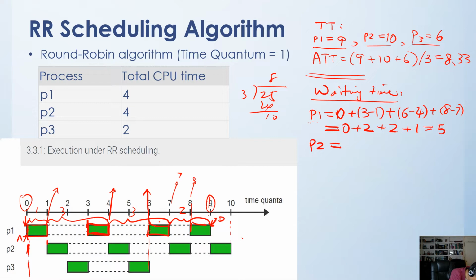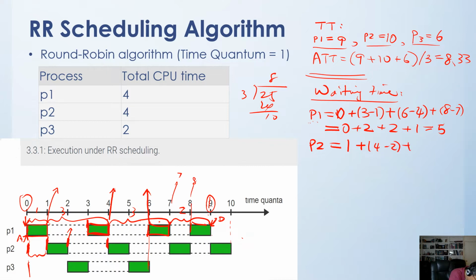Now the waiting time for P2, so let's see. The first piece waited for one time unit. It only gets the CPU at time 1, but it was already in the queue at time 0. So the waiting time for the first piece is 1. The second piece is from 2 to 4: it gets the CPU at time 4, but was kicked out of the CPU at time 2. So it's 4 minus 2.